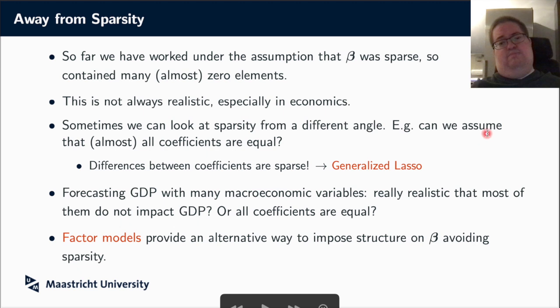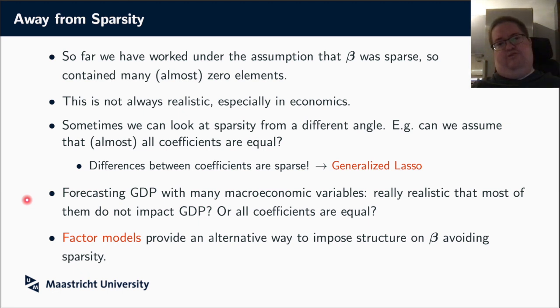But that still has its limits, because assuming that, for instance, the betas are all similar is still not always going to be very helpful, and people might still be uncomfortable. So take, for instance, a typical macroeconomic problem where we want to forecast gross domestic product, and we have a whole bunch of macroeconomic variables. Well, is sparsity realistic there? Is it realistic that all of these variables that we consider do not impact GDP?